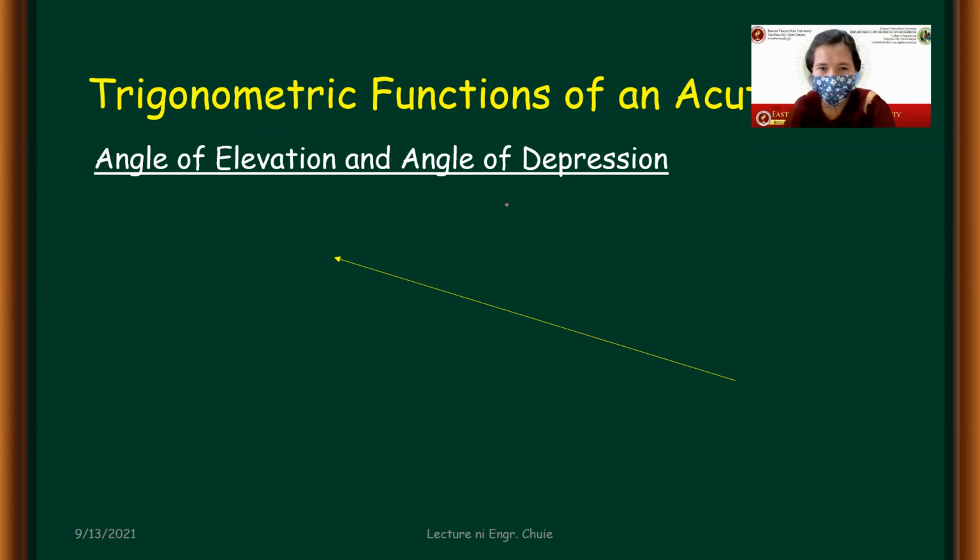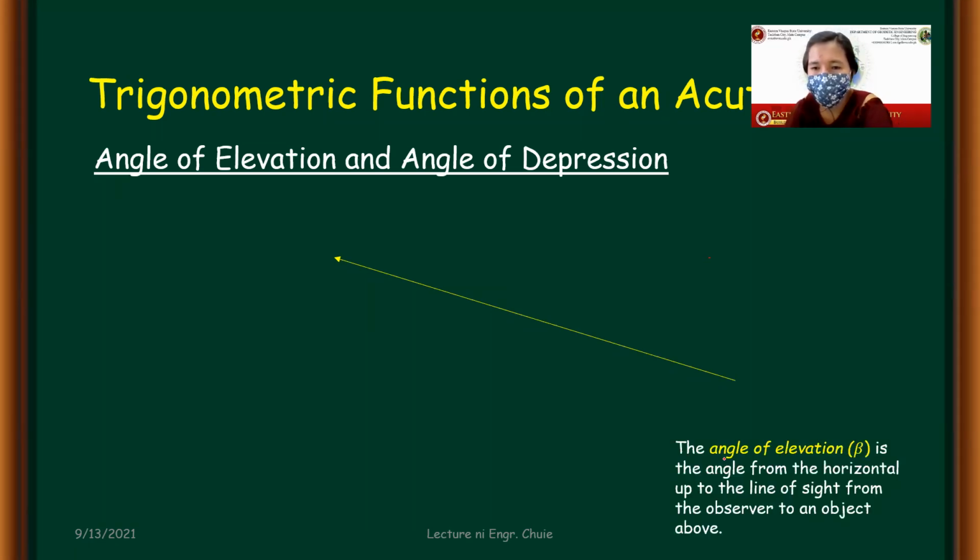Okay, let's start with the angle of elevation and the angle of depression before we go to the application. When we say angle of elevation, have your illustration. The angle of elevation is the angle from the horizontal up to the line of sight from the observer to an object above. So take note of the word above.